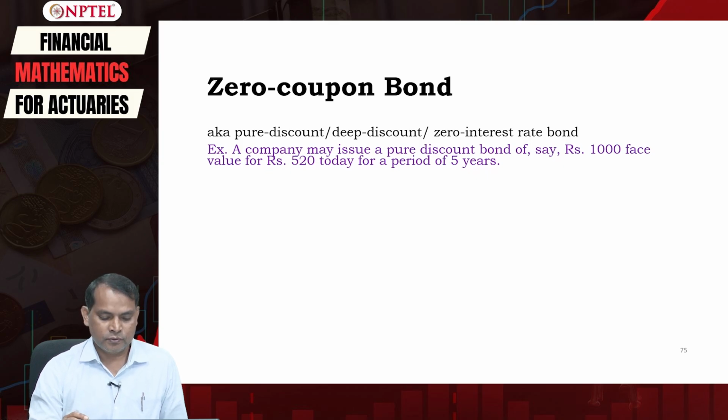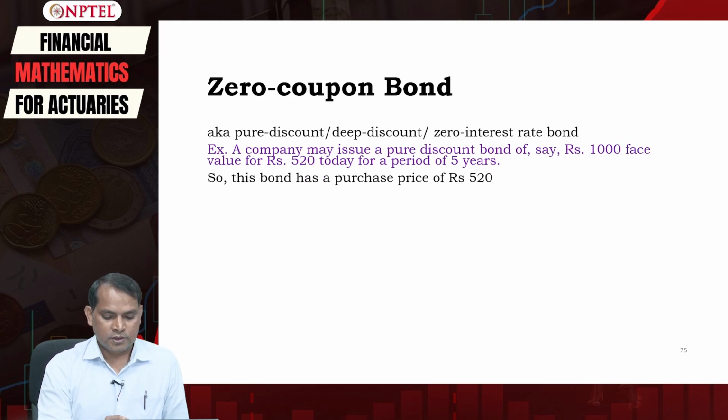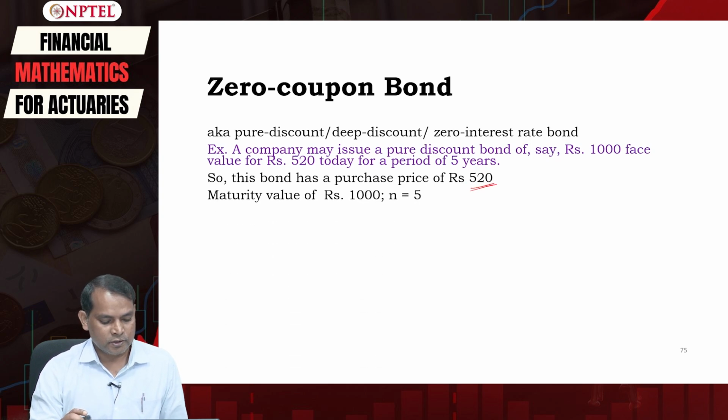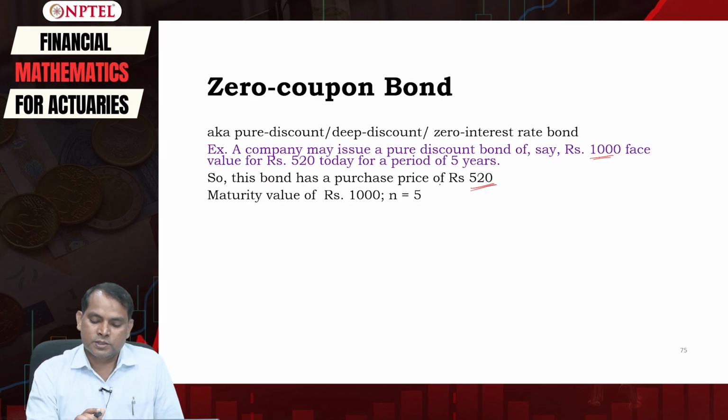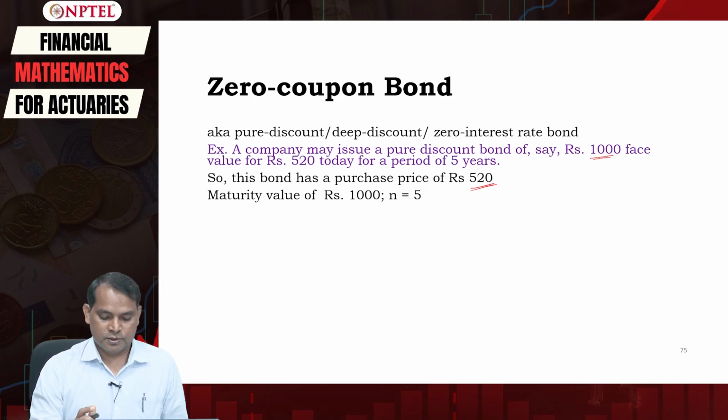So this bond has a purchase price of 520 and a maturity value of 1000, and n is equal to 5. Nothing is mentioned here whether the interest rate is compounded semi-annually or annually. In such a case we will consider that this interest rate is an annual interest rate, and then we can proceed.